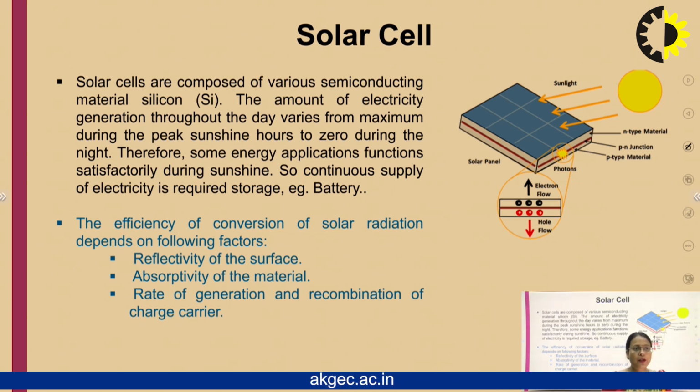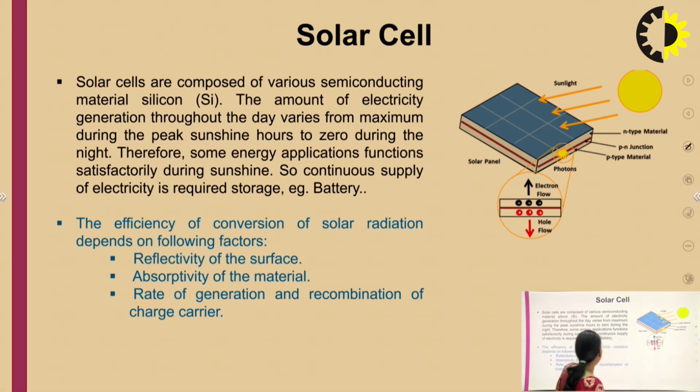There are some applications which work satisfactorily during sunshine, but due to the requirement of a continuous supply of electricity, we need to store the solar energy. For example, we can use batteries to store the solar energy.